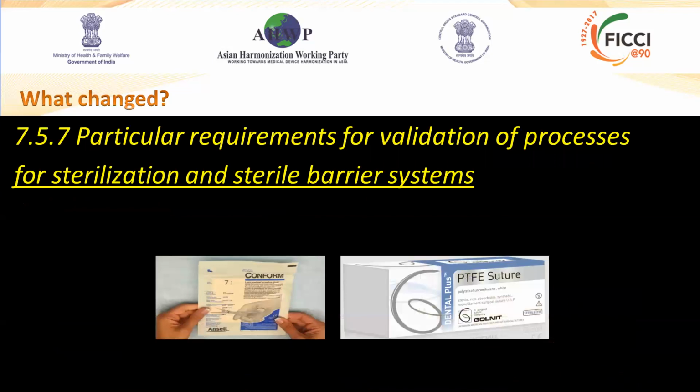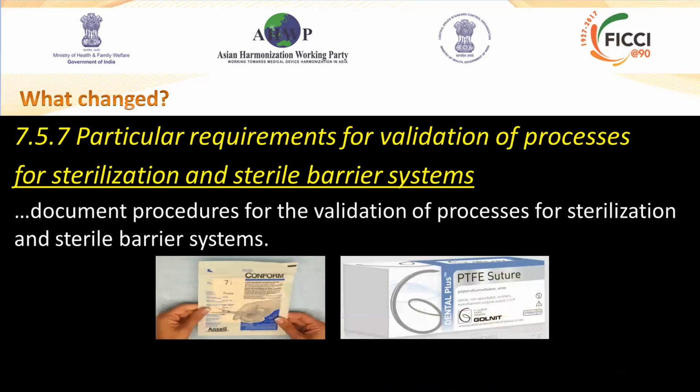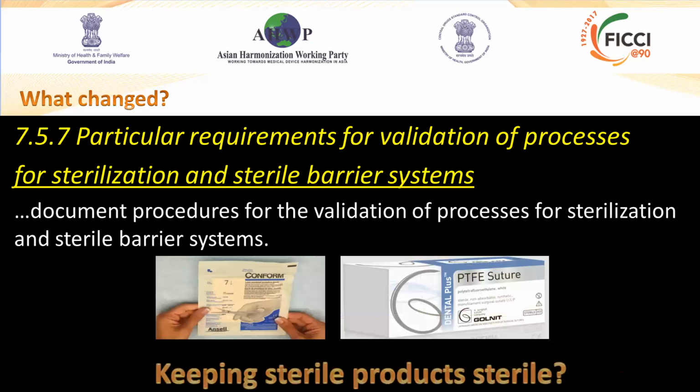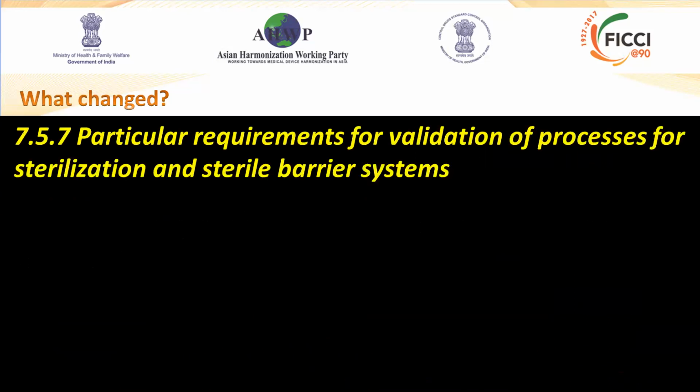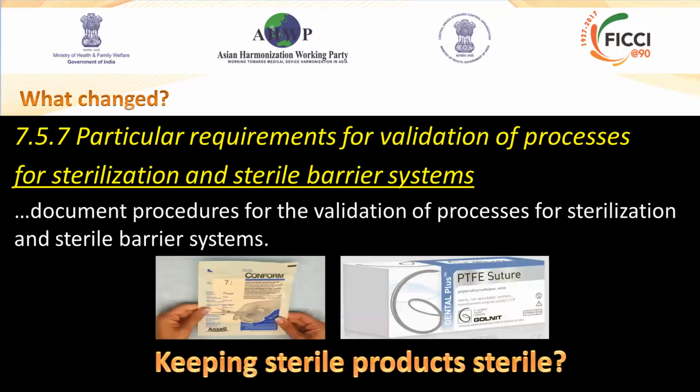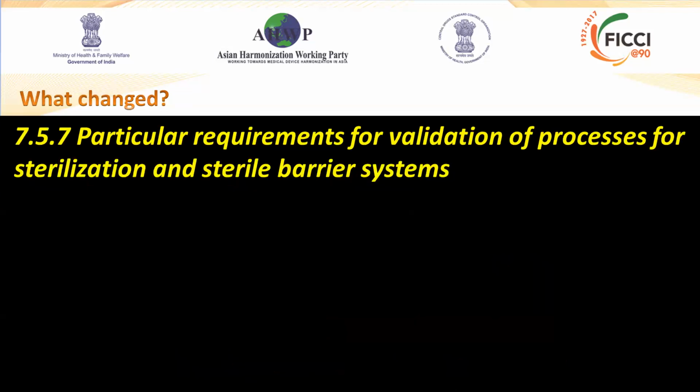Particular requirements for validation for sterilization and sterile barriers. There's a requirement to document procedures for the validation for sterilization and sterile barrier systems. So making sure that they are sterile, and the sterile barriers, of course, need to hold together during that to make that happen.